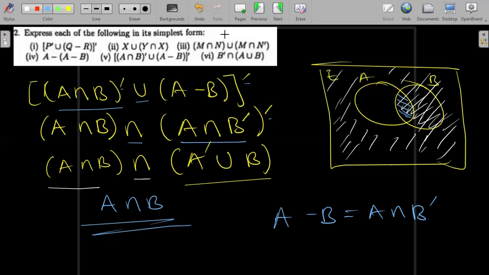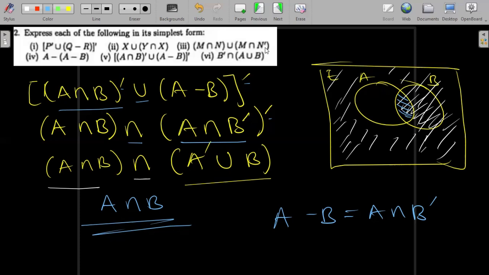Is that clear? Are we safe to go? Okay. All right, so we are safe to go. So this is where we arrive at: A intersect B.